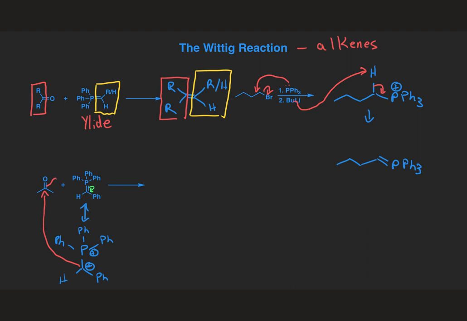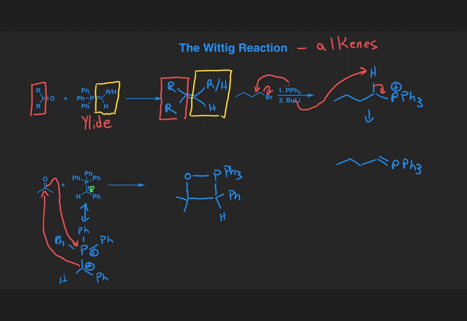That's going to break this bond here and kick down and go towards the positive charge of that phosphorus. That's going to give you a four-membered ring intermediate where I formed a new oxygen-phosphorus bond, and I formed a new carbon-carbon bond. Again, this side of the molecule came from acetone, and this side of the molecule came from the ylide.